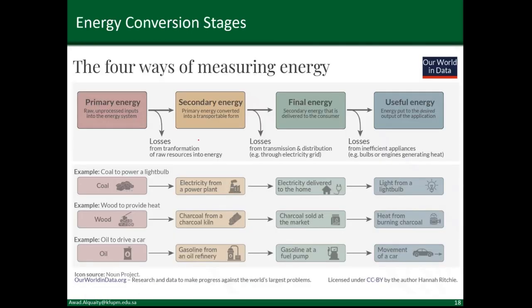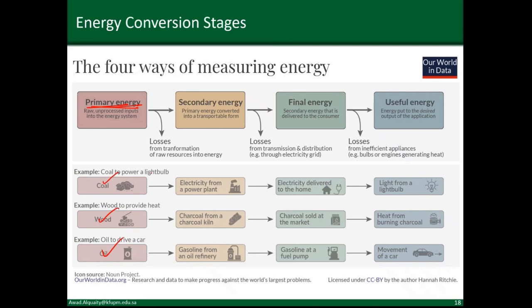Okay. Now, in terms of measuring energy, there are multiple ways of measuring it, right? And as we discussed in the previous class about the classification, the primary energy is absolutely the one that we start off with. So it could be something like coal, wood, oil, or whatever, right? It's something that's stored in nature or available in nature, and then you convert that into a secondary form, which is something more usable, right?